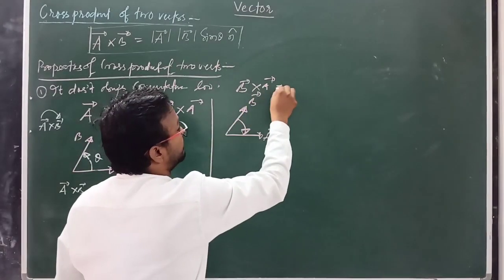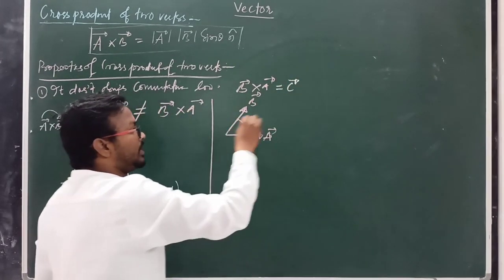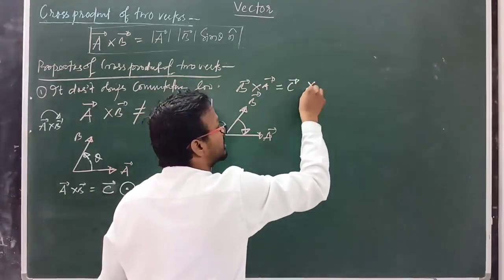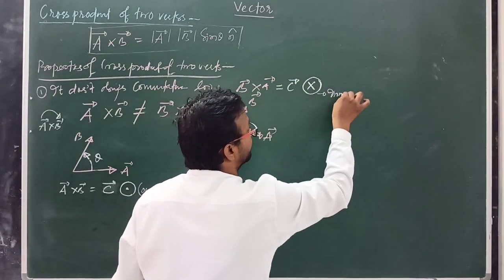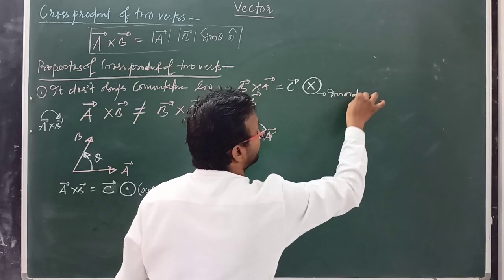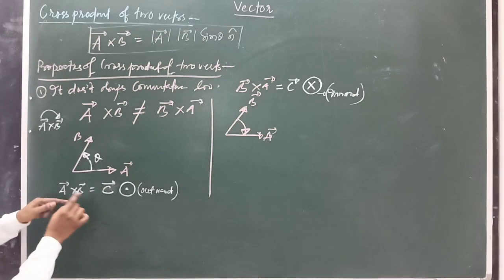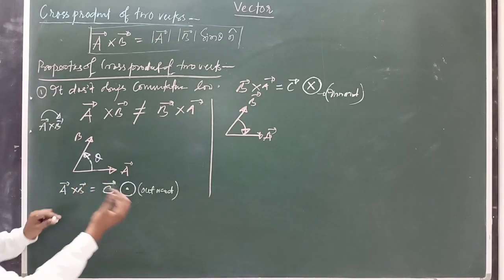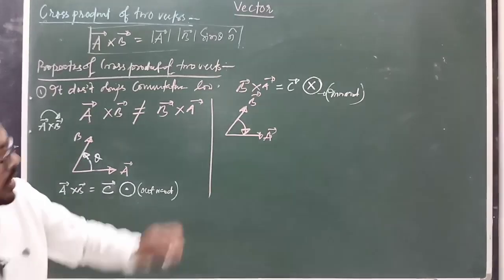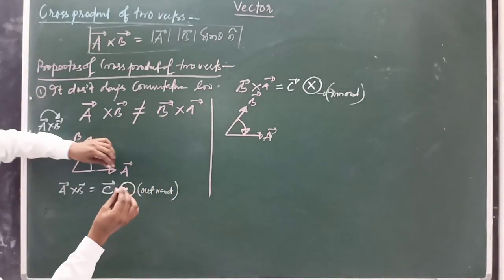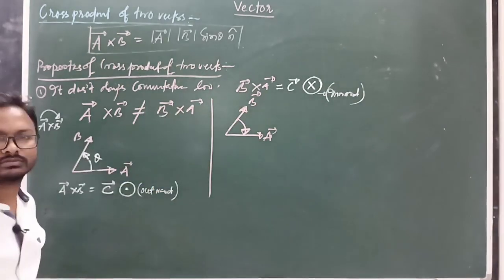So the resultant vector is here C, and its direction is inward, and inward is represented by a cross mark and one circle here. Clear? Okay. A cross B which is outward direction, and B cross A which is inward direction. So here one is outward and another one inward. Outward, inward. Clear?